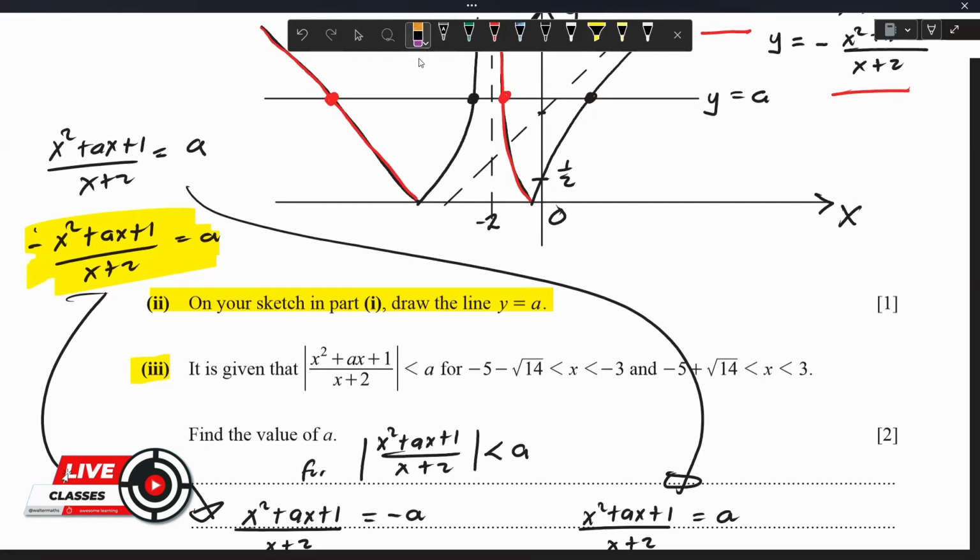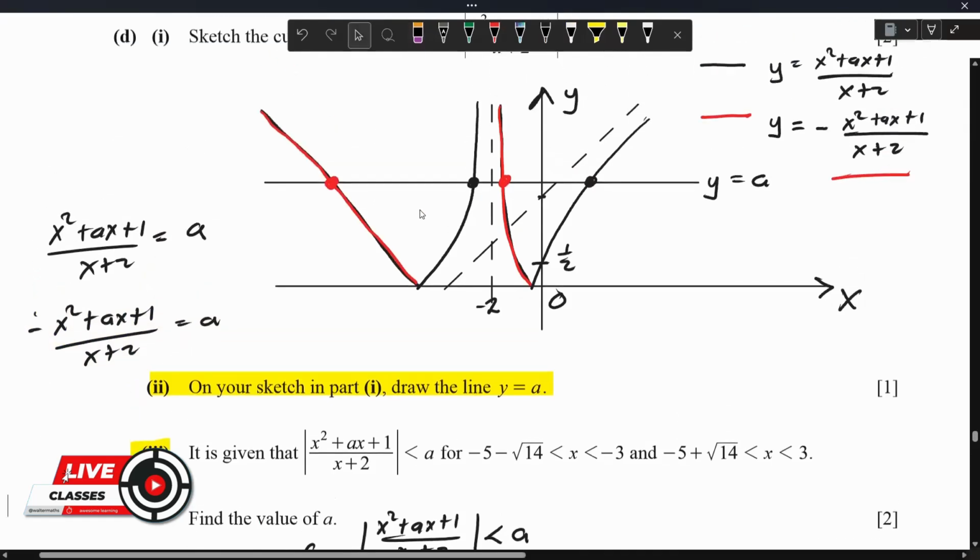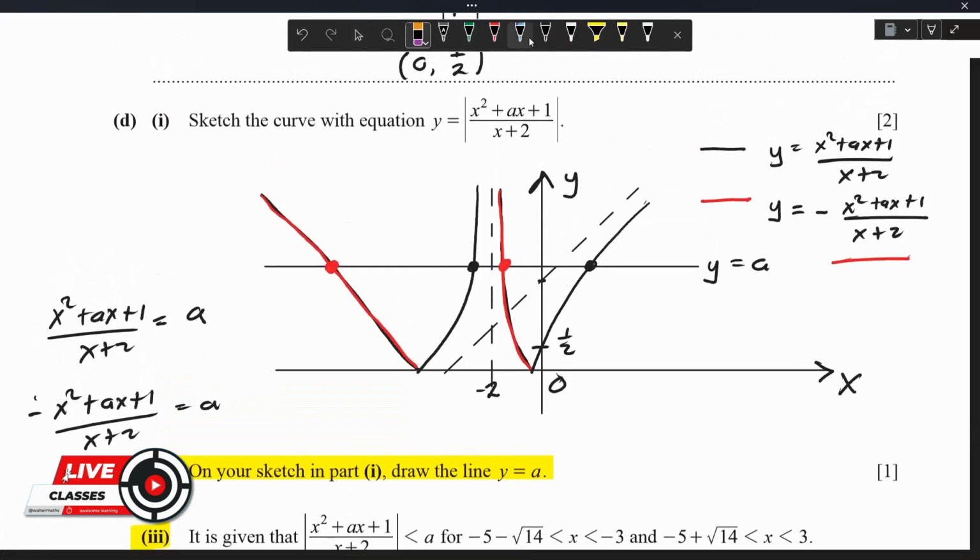It's perfectly fine. The basic thing here is not so complicated. What we are seeking to do, and that's going to help us find the value of a as they want, is to find the points of intersection. We have 4 points of intersection, right?